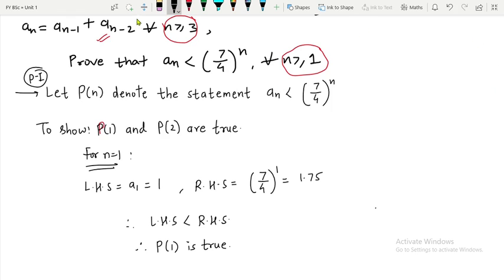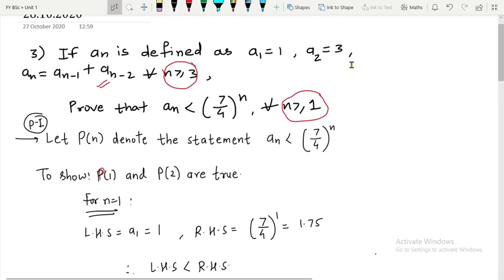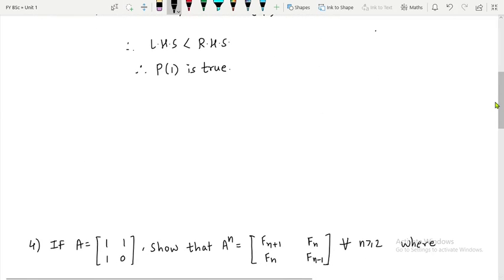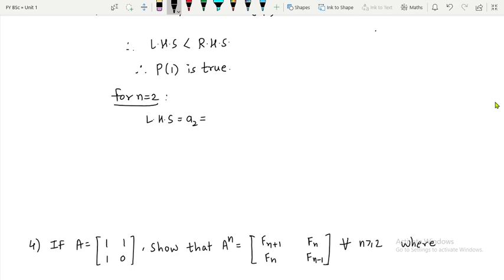Now let us go for n is equal to 2. For n is equal to 2, we will need the value of a2, which is 3, given to us. So my LHS will be a2, which is 3. And RHS will be 7 upon 4 raised to 2, which is 49 upon 16. 16 3s are 48, so 3 point, 1 is the remainder, so we attach 0 to it.